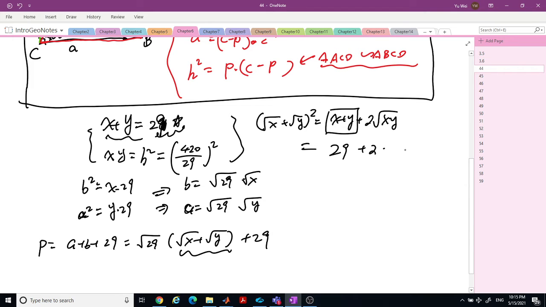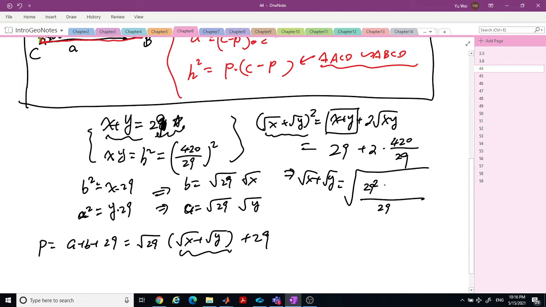So now we can see root X plus root Y is equal to root of 29 squared plus 2 times 420, which is root 1681, which is 41.